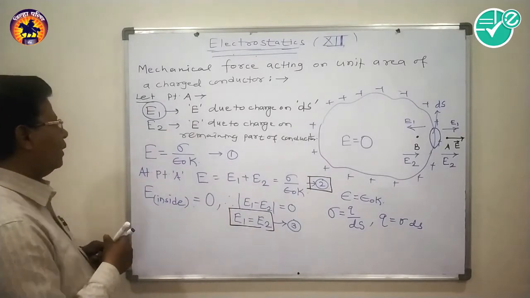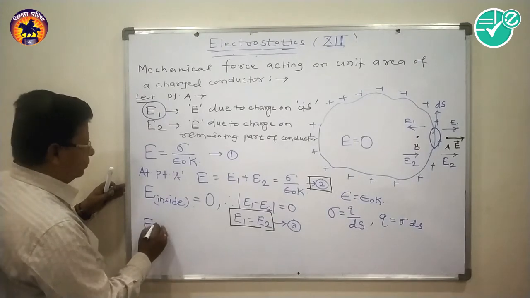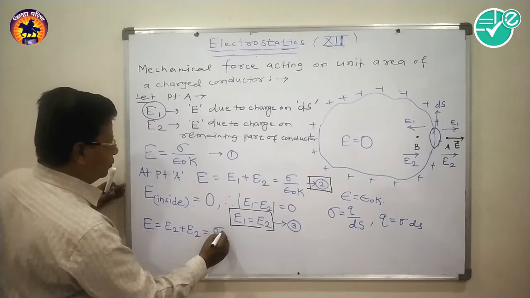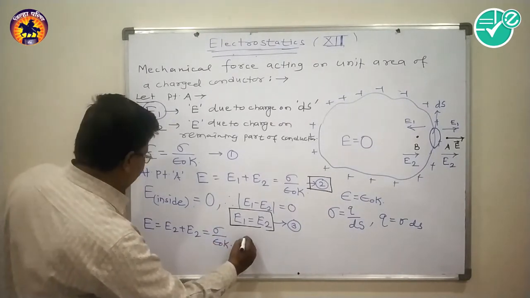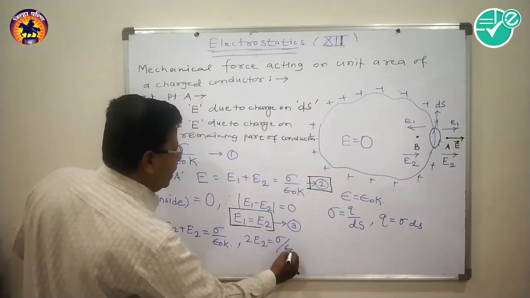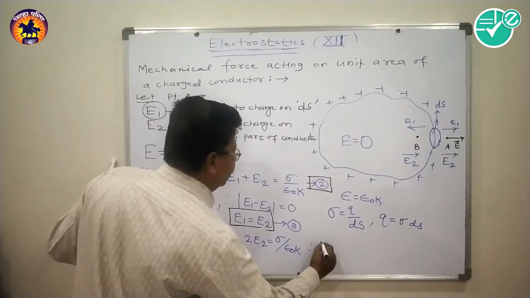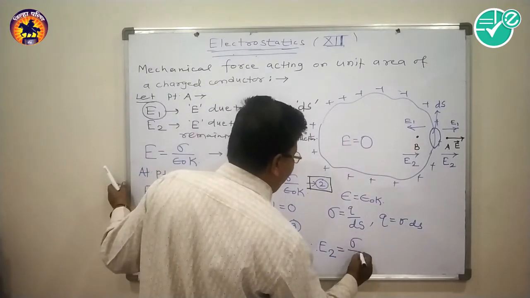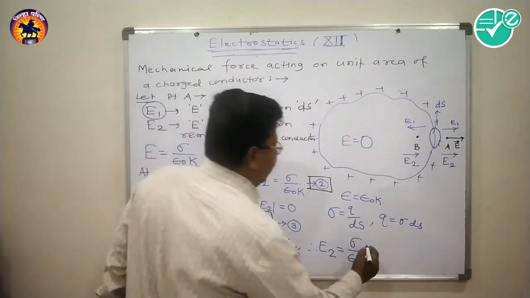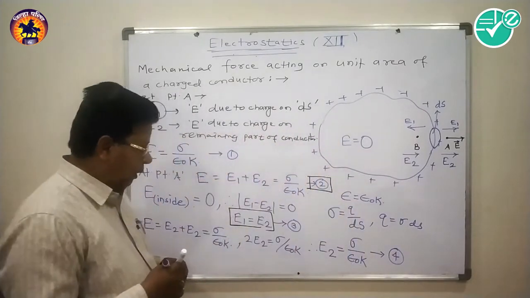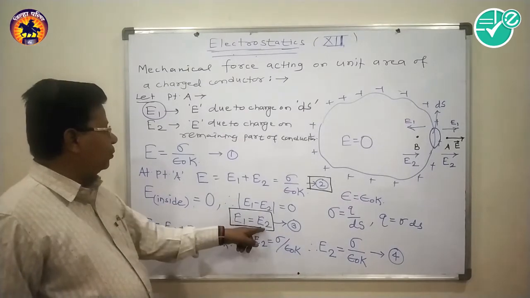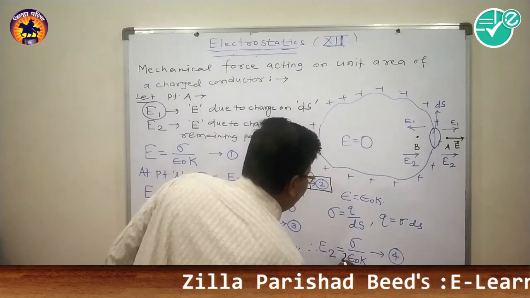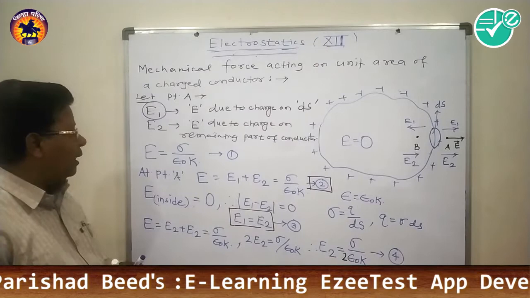Then we get E is equal to E1 plus E2, that means E2 plus E2, which is equal to sigma divided by epsilon 0 k, or 2 times E2 is equal to sigma divided by epsilon 0 k, and finally E2, the electric intensity due to charges on remaining part of the charged conductor, is equal to sigma divided by 2 epsilon 0 k. Say this is equation number 4.